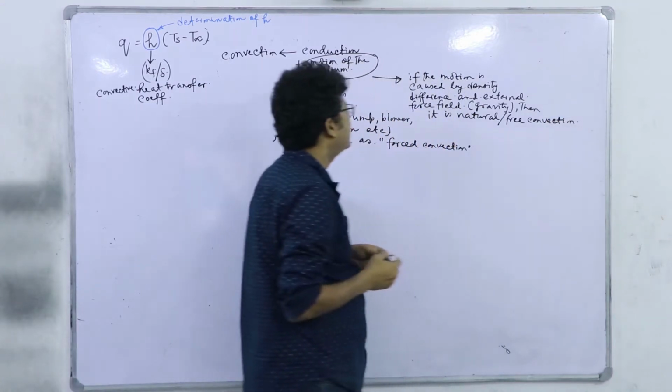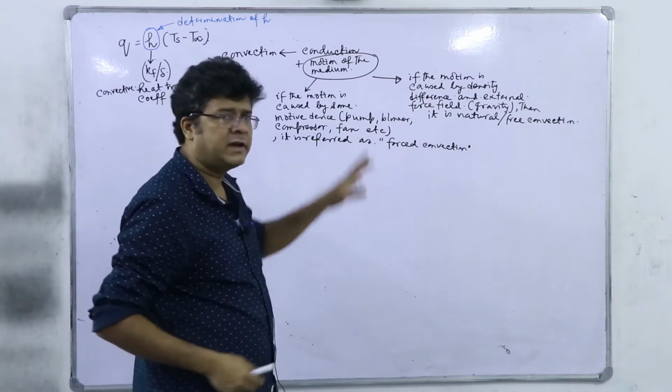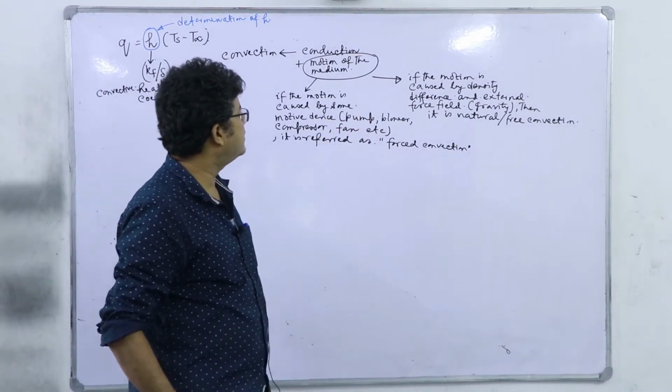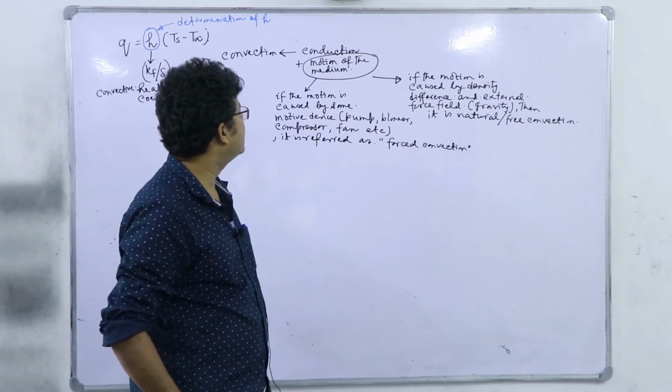So, we have two different types of convection: one is forced convection, another is natural or free convection.